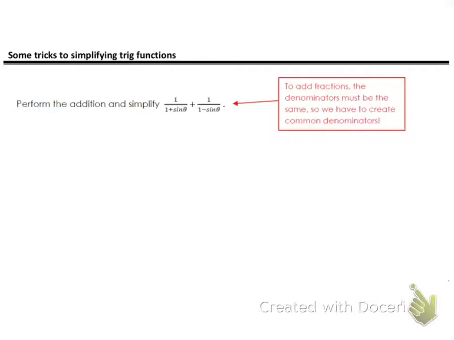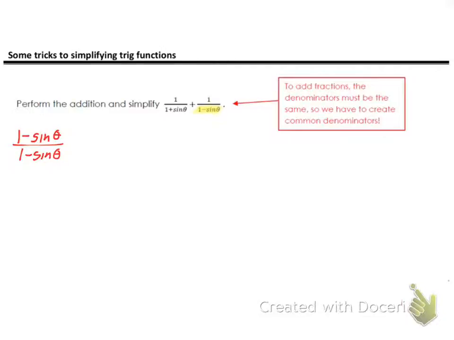All right, any questions? Comments, concerns? Should I do it? Okay. So we're going to take this denominator, 1 minus sine of theta. So we're going to have 1 minus sine theta, and I'm going to put 1 minus sine theta.